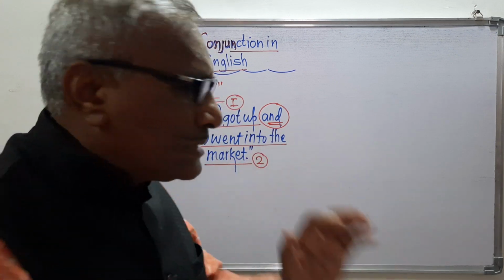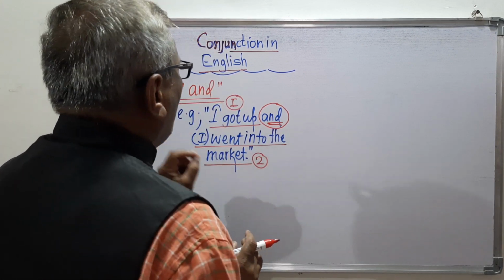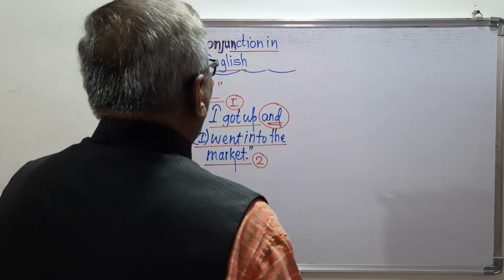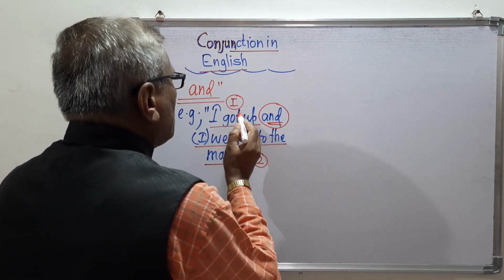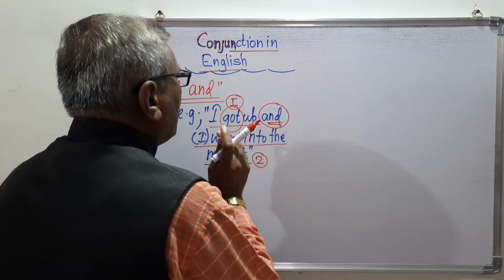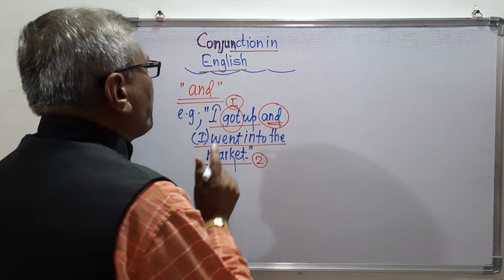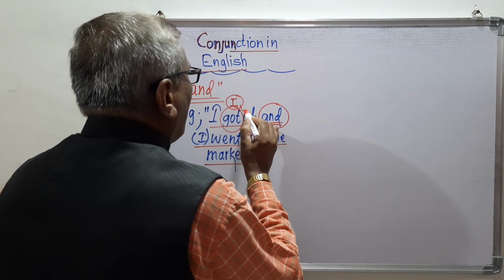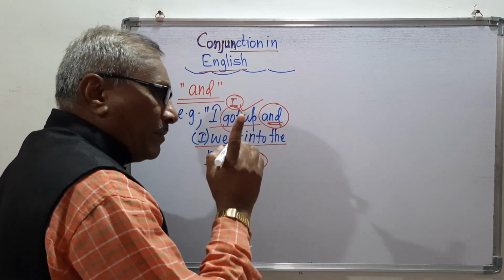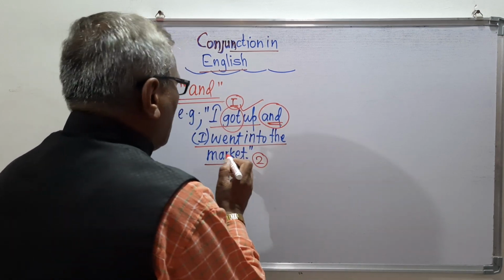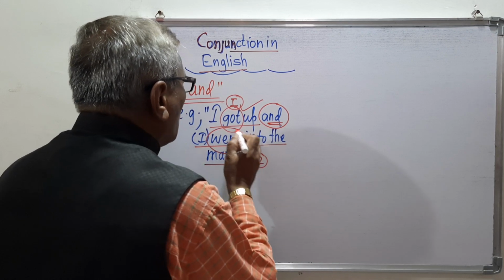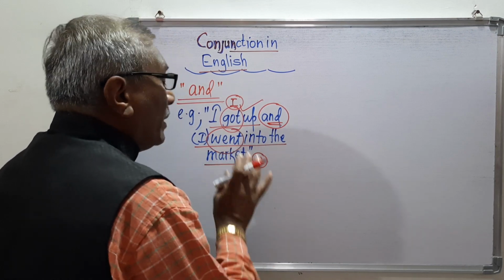Now I will discuss this example, which is given in the simple past tense. Remember, if the first sentence is in the simple past tense, then the second sentence also should be in the simple past tense.